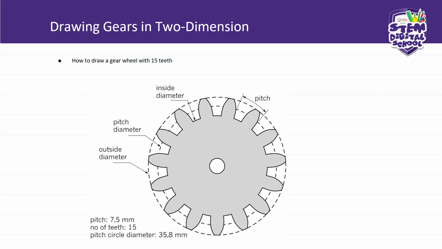Now, I want you to understand the graphic representation of gears, the different lines. Why do we use those lines? Okay. How to draw a gear wheel with 15 teeth. So if you can count these teeth, they will give you 15.